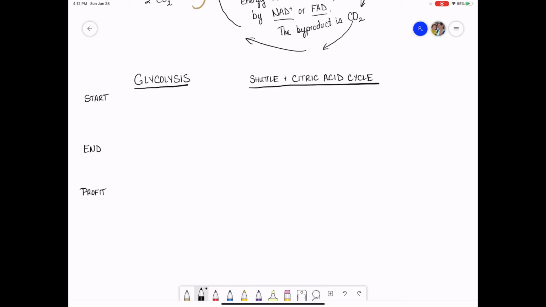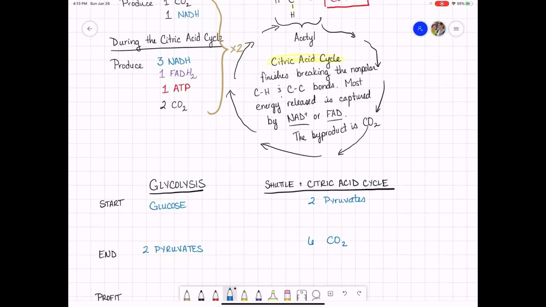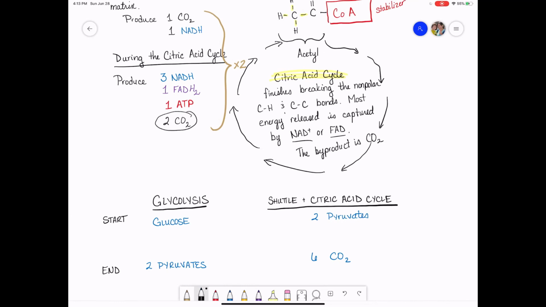For glycolysis, we start with a glucose molecule and end with 2 pyruvate molecules, whereas the shuttle step and the citric acid step start with 2 pyruvates and end with 6 carbon dioxides. Just really quickly, you can see there that there are 3 CO2 circled, and then everything is doubled, so there's 6.